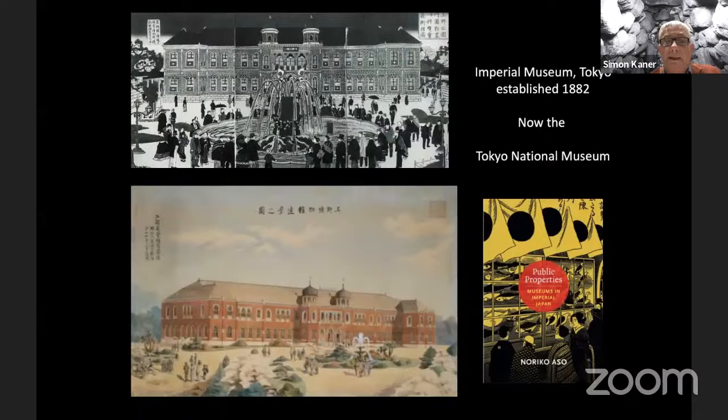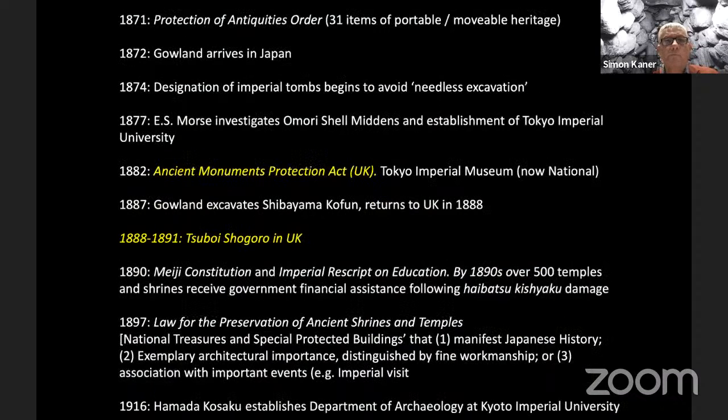And ultimately, he became the first director of what was to become the Tokyo National Museum when it was established in 1882. It was the Tokyo Imperial Museum. And here it is. You can see some drawings of it in contemporary woodblock prints and a painting. All this is dealt with in great detail by Aso Noriko's wonderful book on public properties museums in Imperial Japan.